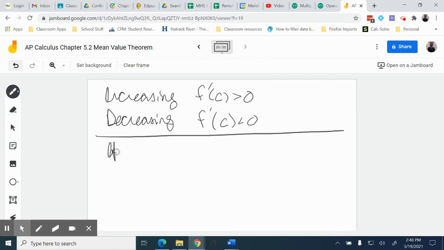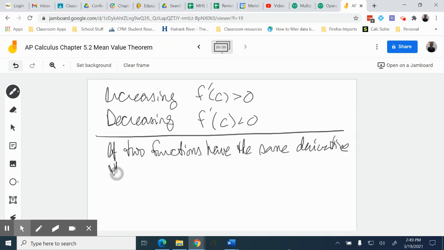If two functions have the same derivative, then the functions differ by a constant.